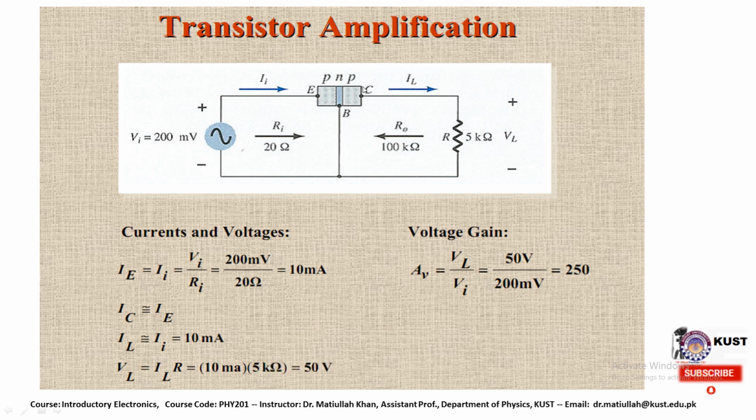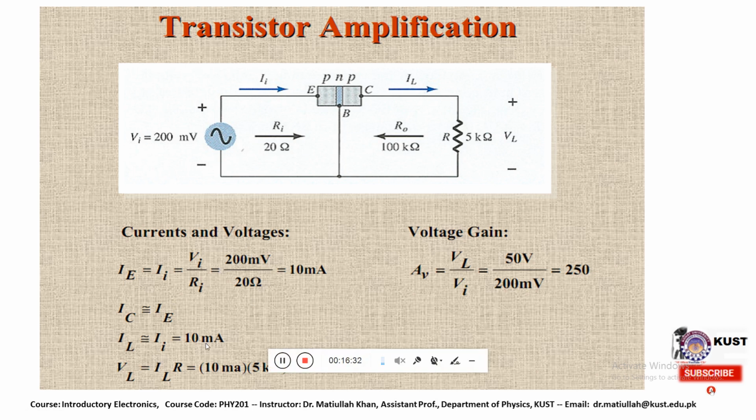This is the emitter current, and we have the collector current out of that, and the values of the resistors are given here. So we have current and voltage magnitudes specified here, and we need to find the current and voltage gain.